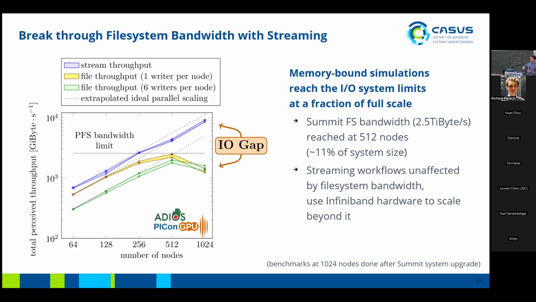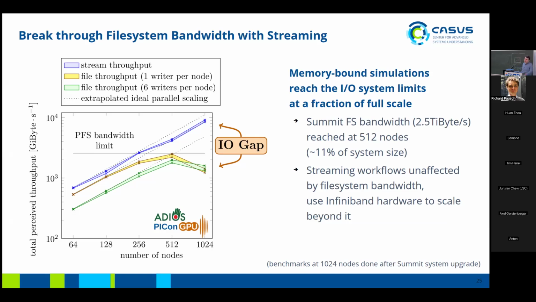And we see this little gray horizontal line depicting the parallel file system bandwidth of the system. We actually reach the bandwidth of the file system at 512 nodes. Summit, if I remember correctly, had around 4,500 nodes, so that's a fraction of the system size. And after that fraction of the system size, I/O didn't scale any longer.